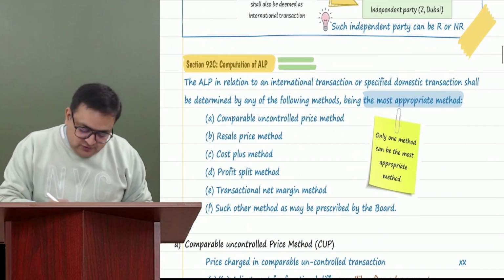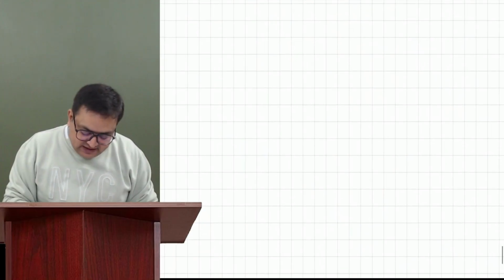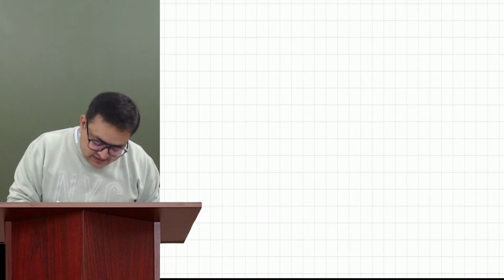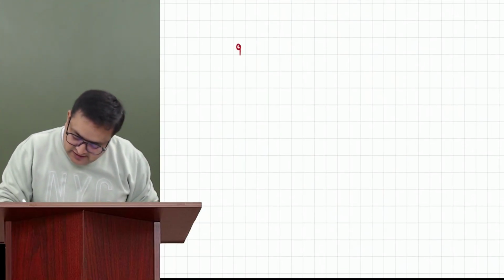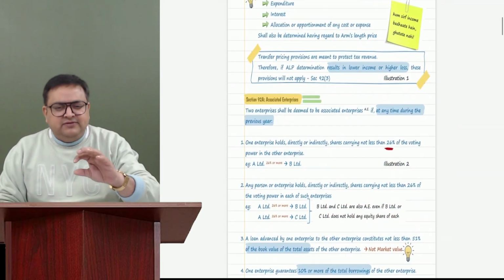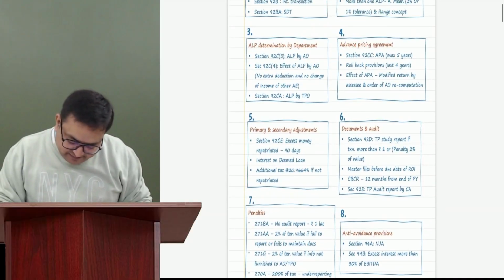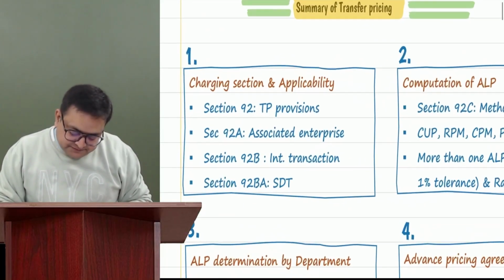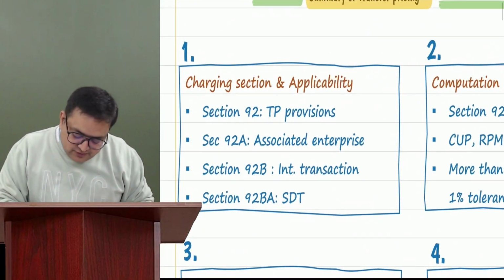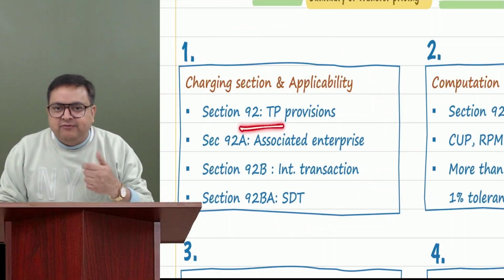Okay. So this was one part which was very important. Now I'm coming to the second part of it, which is 92. Let us see, the first box we have done mainly. Specifically, we have not done what is a specified domestic transaction; that we will be doing separately. So now you know, first box you have done. Section 92, TP provisions, you know when it will be applied.